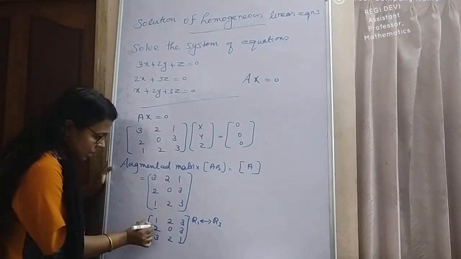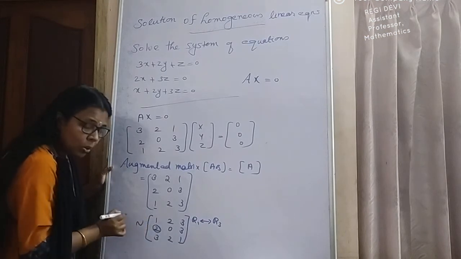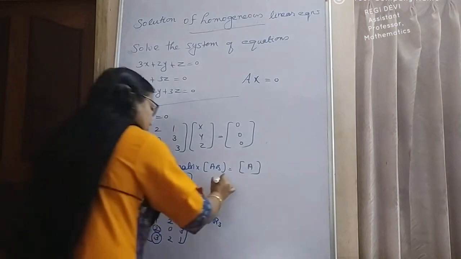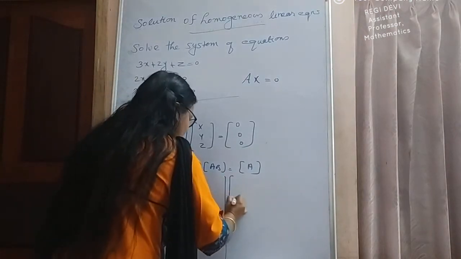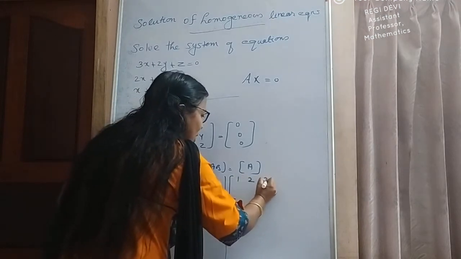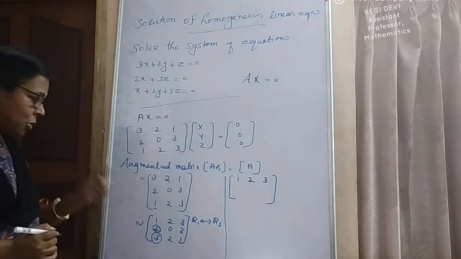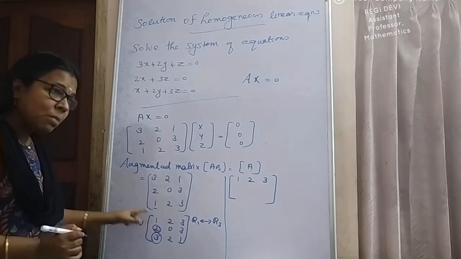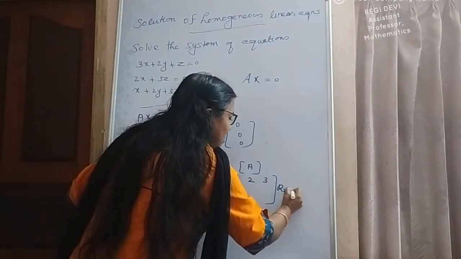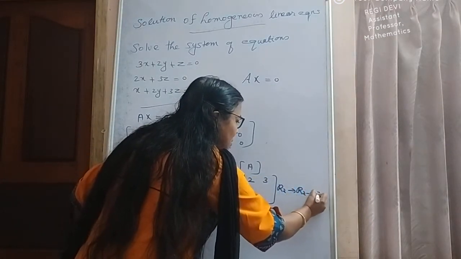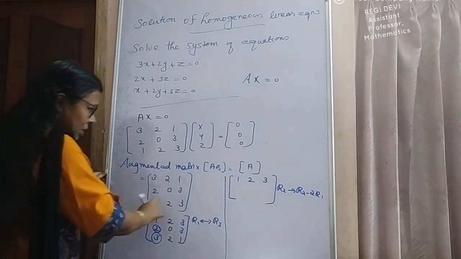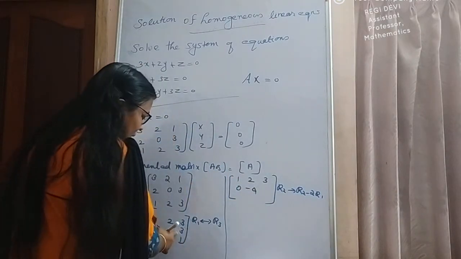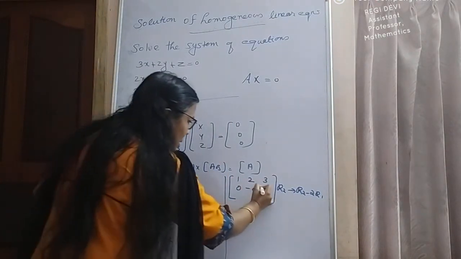Now we have to make these 2 and 3 zero. The operations are: first row 1, 2, 3. R2 gives R2 minus 2 times R1, that is 0, 2 minus 4, which is minus 4, 3 minus 6, which is minus 3.